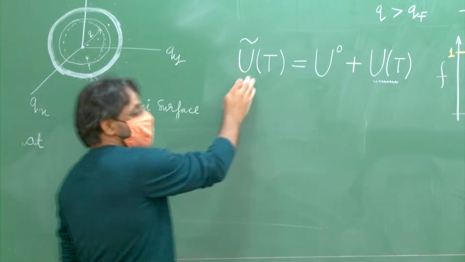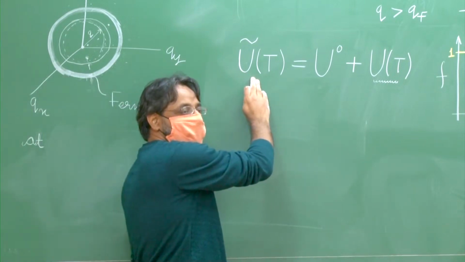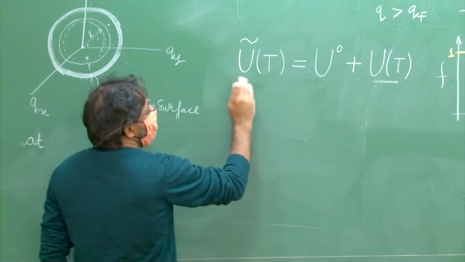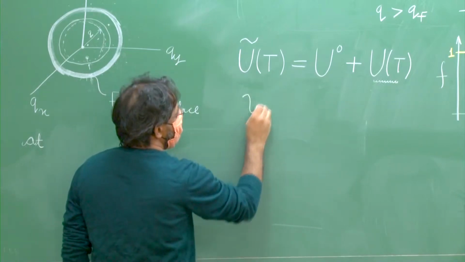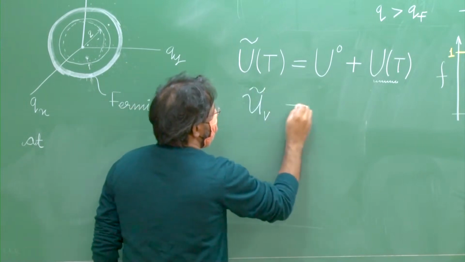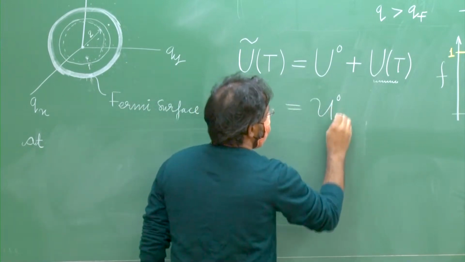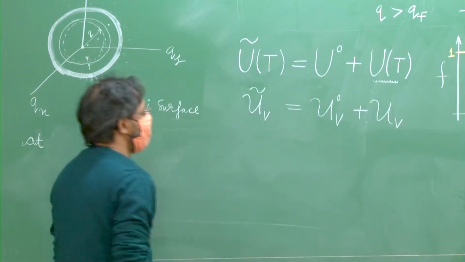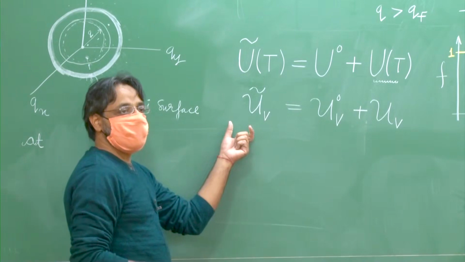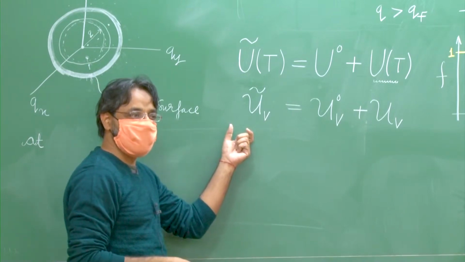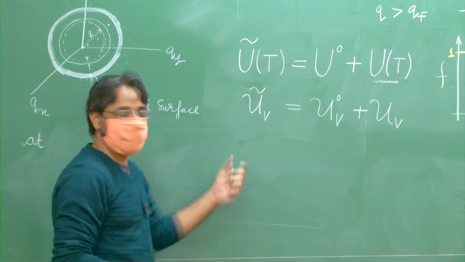If you take the temperature derivative of this, you will get the heat capacity. If you take, for instance, the energy per unit volume, u tilde V equal to u0 V plus u V, then it will be the specific heat per unit volume, isn't it so?